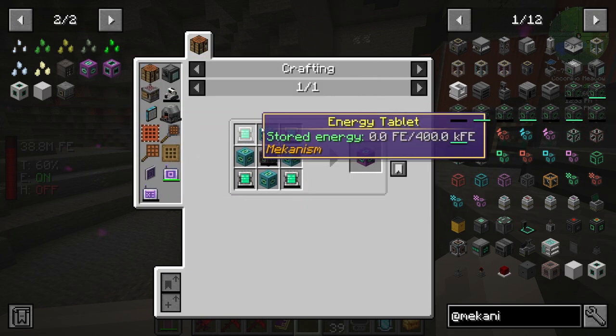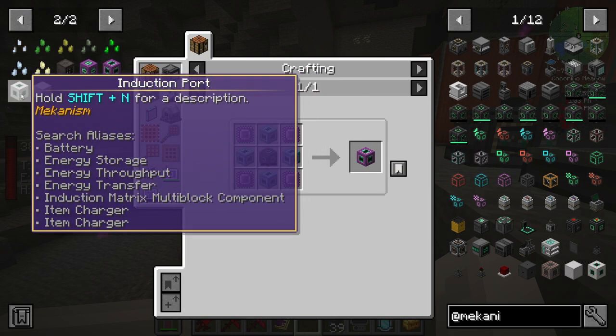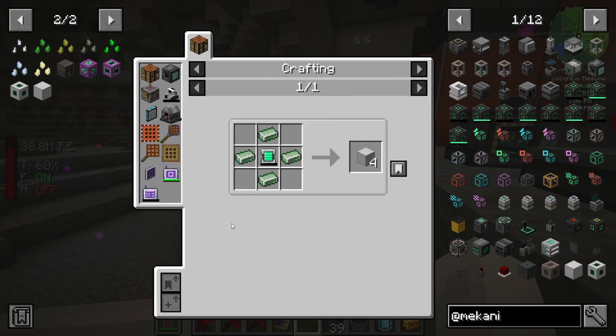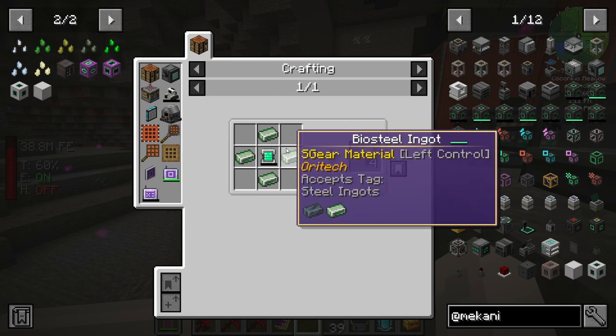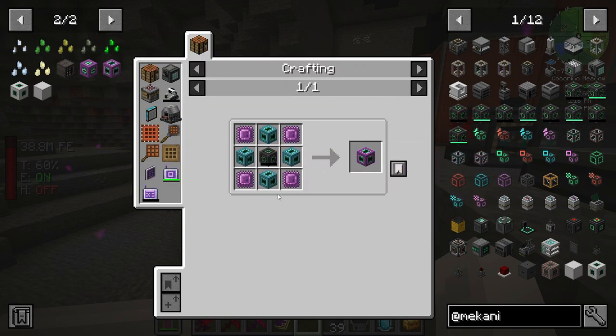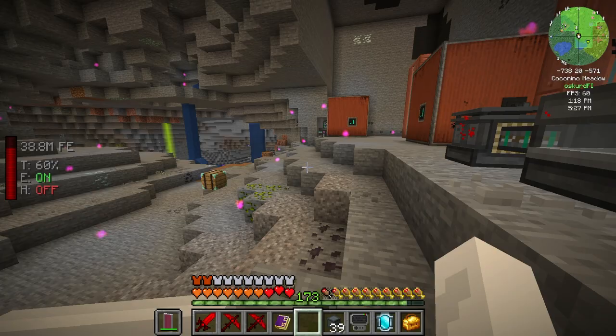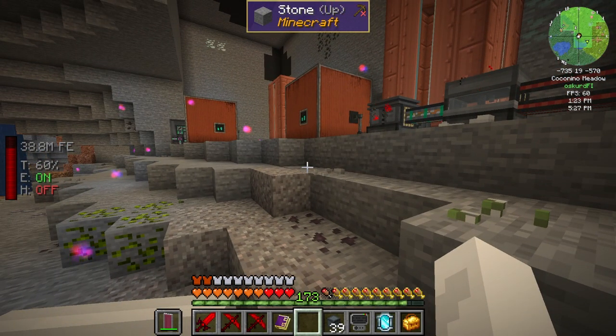Like a lot of bright colors, as you can see, and bright color with Mekanism means it's expensive. But as you can see, this very dull color casing is cheaper, and then these purple bright colors are expensive. Makes sense. That we can do next time, and then we have an absolutely horrendous amount of power stored in that induction matrix.